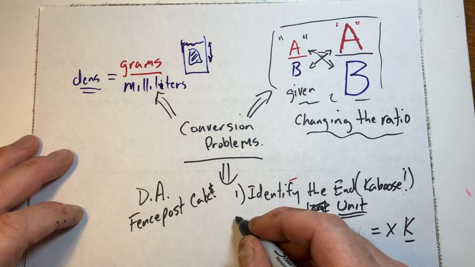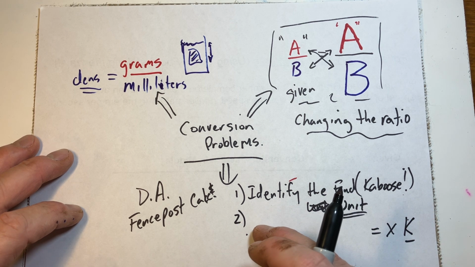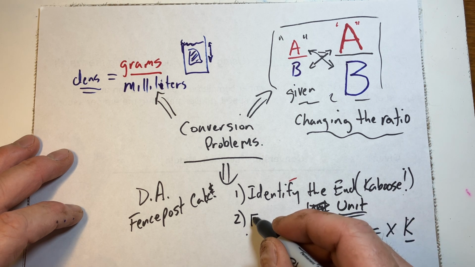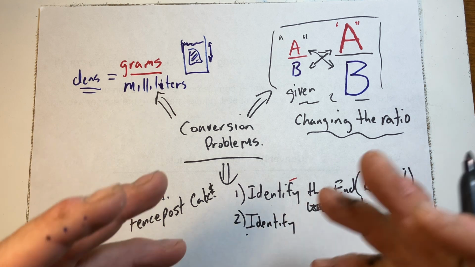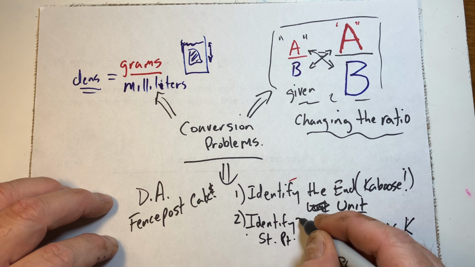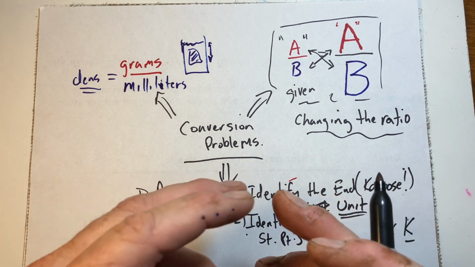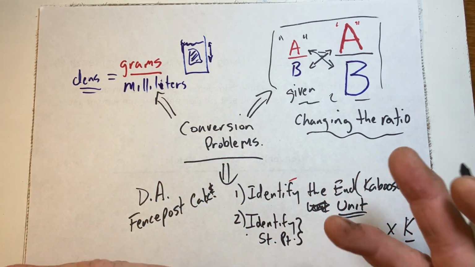We identify the end. And then second, we look for what's the starting point. The starting point is usually an extent, meaning some amount. So we have to identify the starting point, and usually that's some sort of amount. It doesn't have a ratio. It doesn't say grams per milliliter.